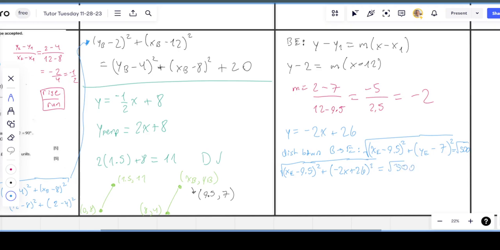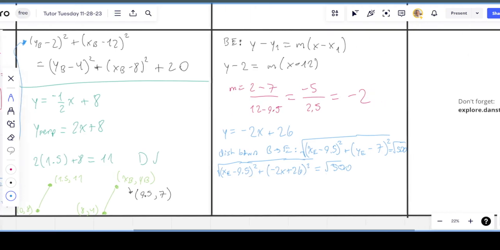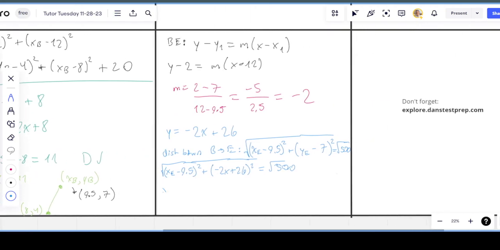We'll remove the square roots. We don't really need that, honestly. So we get x minus 9.5 squared plus -2x plus 26 squared equals 500.